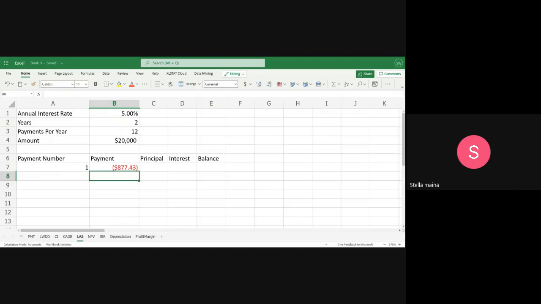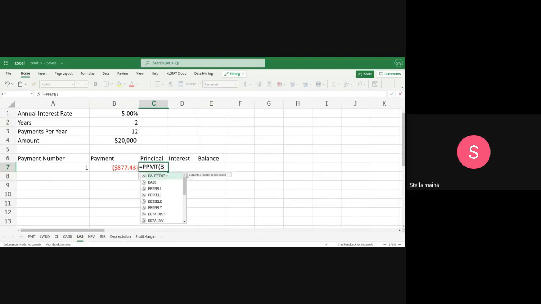So I'm just going to write equals PPMT, and then you're going to calculate the annual interest rate, that is in B1, divided by payment per year, that is B3.